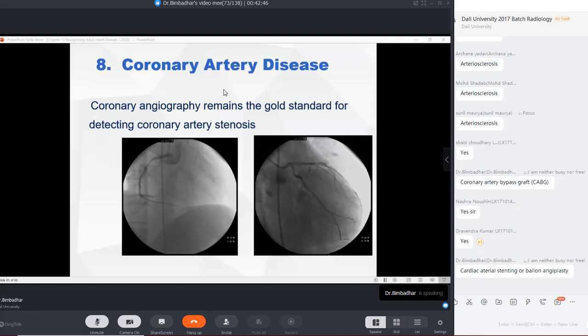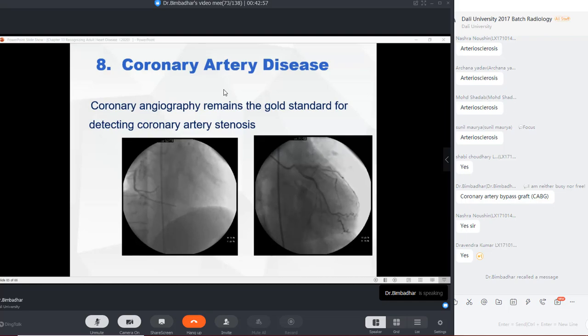Okay, balloon angioplasty. Coronary arterial stenting is the radiological technique that we do today. Okay, coronary angioplasty, balloon angioplasty.